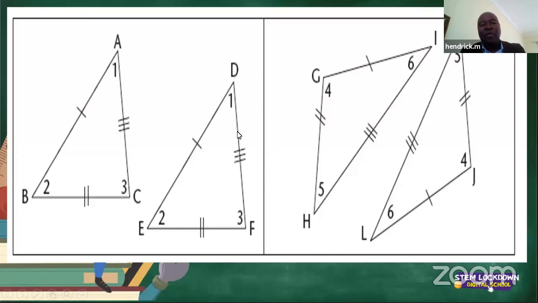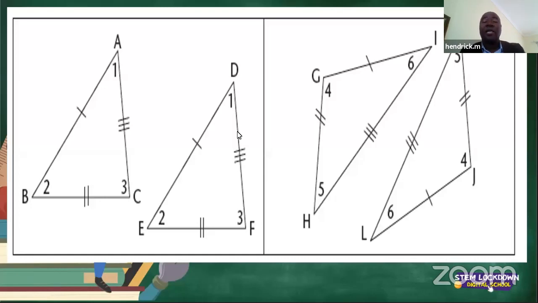And because we've got three sets of lines which are equal, or sides, you can call them sides, because of the three corresponding sides which are equal, AB equal to DE, BC equal to EF, and AC equal to DF, then we can make a conclusion. We can conclude that therefore triangle ABC is congruent to triangle DEF.